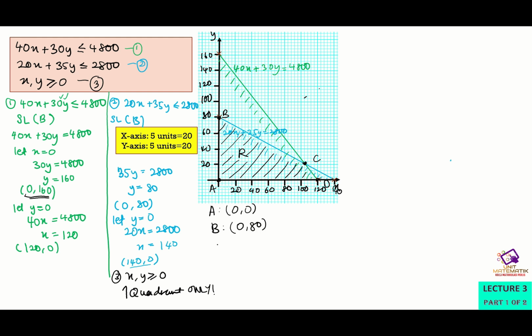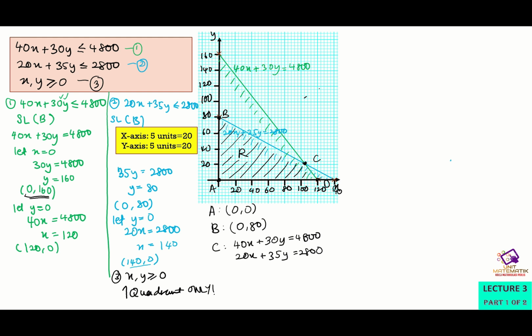Okay. And then for point C, what we need to do for point C? Point C, we need to do the simultaneous equation. Please remember, you cannot read the point from your graph. You need to do the simultaneous equation. So it is between 40x plus 30y equals to 4,800, and the second inequality is 20x plus 35y equals to 2,800.